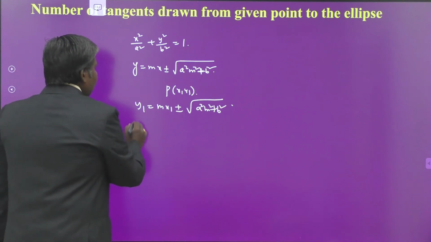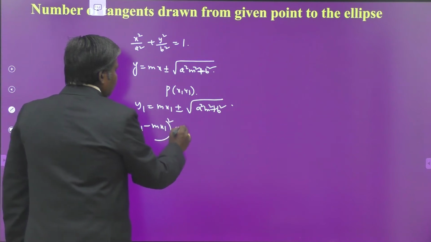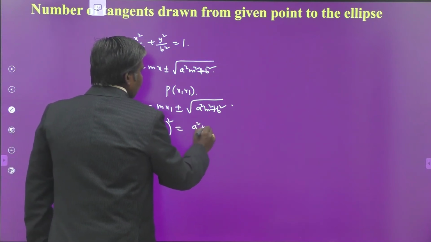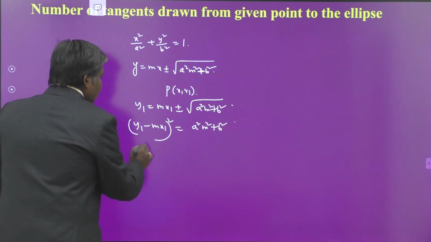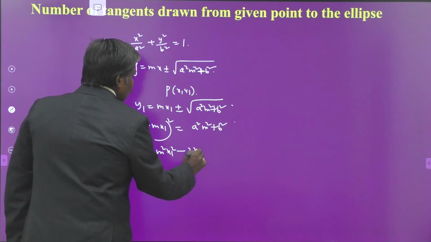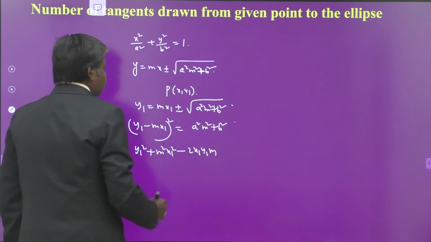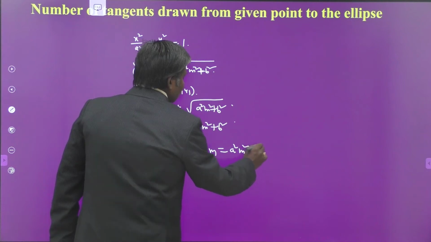Now (y1 − mx1)² = a²m² + b². This is nothing but y1² + m²x1² − 2x1y1m = a²m² + b².